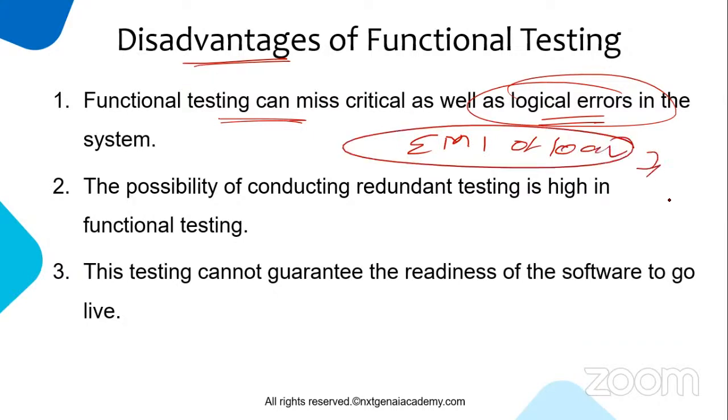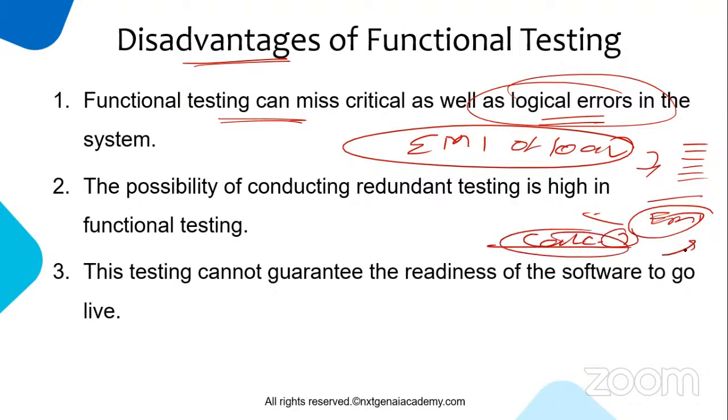What you do here is give all the input parameters, and finally it will come with the EMI. Are we doing any calculation here? Really, no, we are not doing any calculation here. But still, there is a possibility of logical errors, right? Yes, we have. So that is what they are saying.